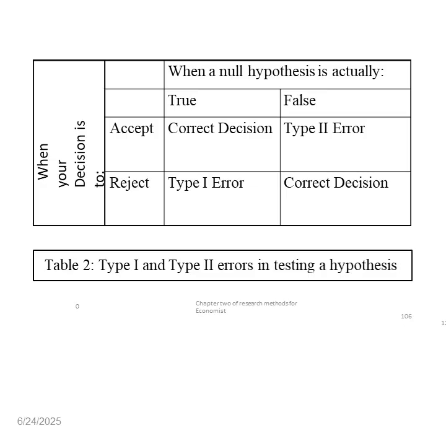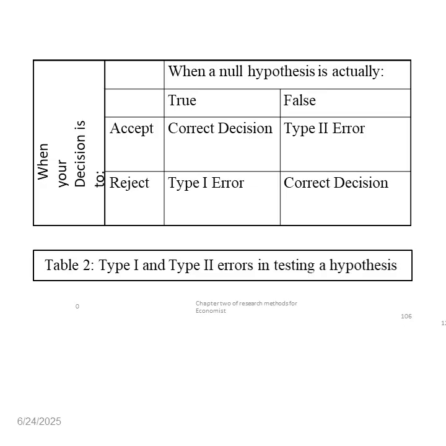So, as we said before, rejecting a true value is a type 1 error. Accepting a false value is a type 2 error. This is type 1 and type 2 error in testing of hypothesis.